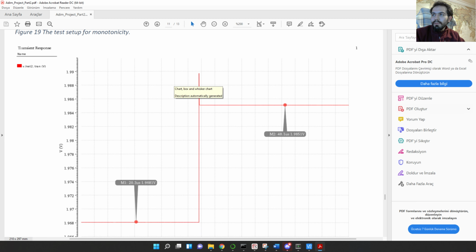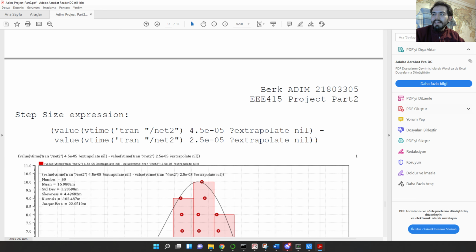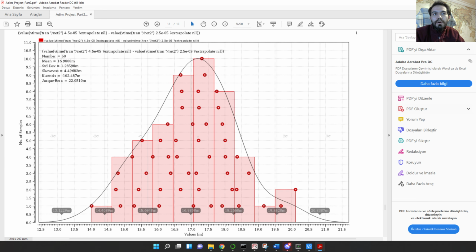Now continuing on, this is the first step, and actually we did a Monte Carlo analysis, changing process parameters randomly for our monotonicity. So we expect, as I said, 15 millivolts of increase at every step, and the step that is most susceptible to changing this value is the first step, 0, 1, 1, 1, 1, 1, then to 1, 0, 0, 0, 0.